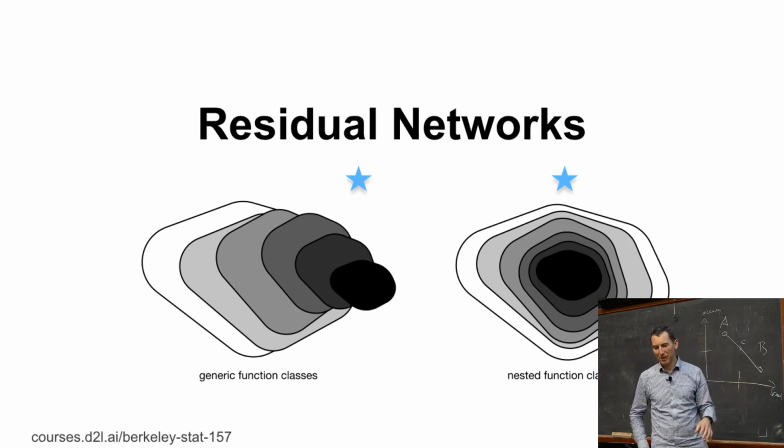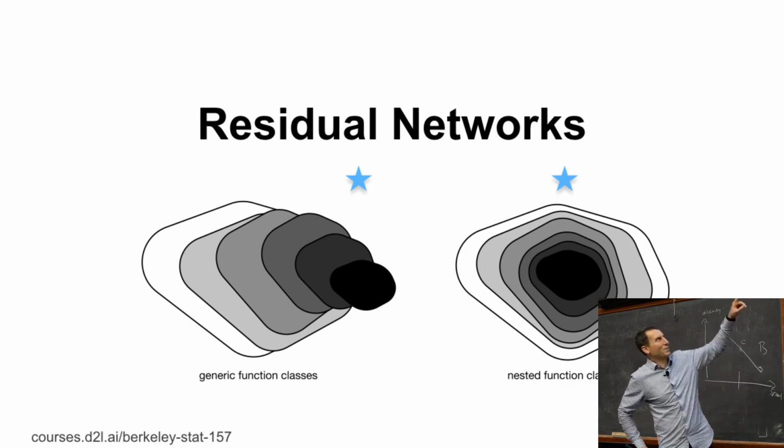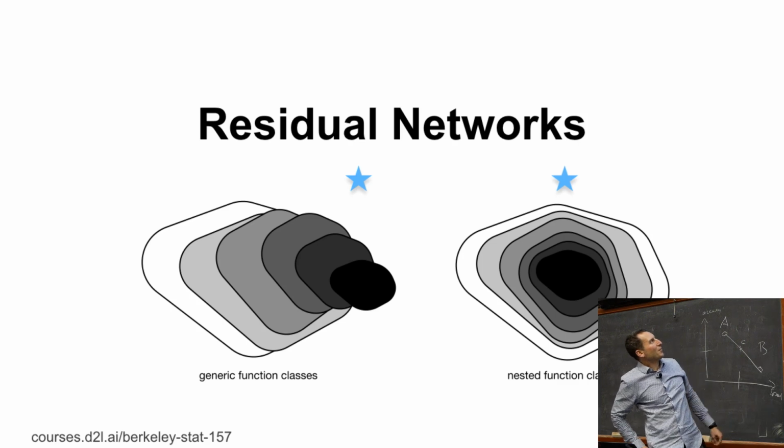So if you look at the picture on the left, you can see a set of function classes, each of which is a little bit bigger than the previous one, so thus a little bit more powerful. But they're all a little bit different. Now, let's assume that the truth is out there. This blue star is the truth, and I want to approximate that truth.